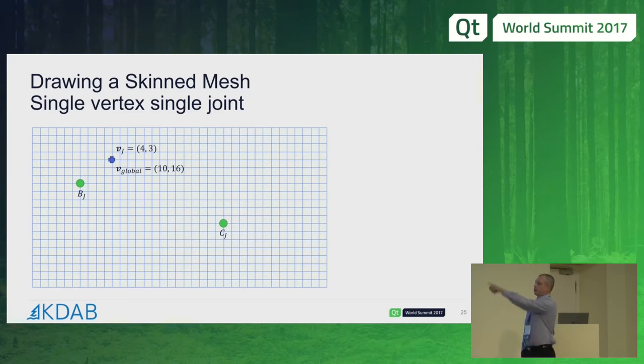Right, so now we have our vertex in global space. We can now multiply it by the transform for our other joint to get it back into joint space, but relative to our transformed joint. And when we do that, we find it ends up over there. The invariant here is that the coordinates in joint space always stay the same.